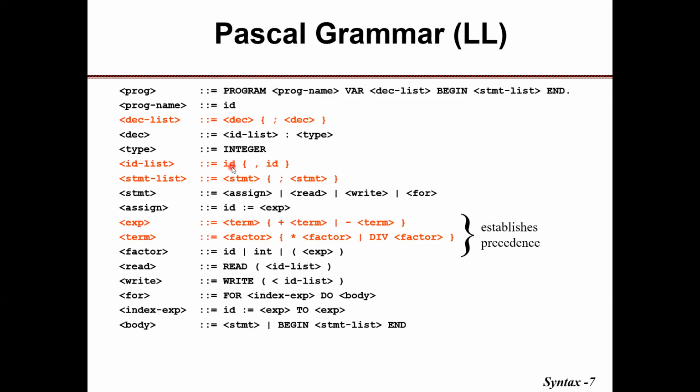And we can also have an ID list, but we already know we're not following that ID with a comma, so we're going to be looking for another rule that'll accept an assignment. And then we can have an ID by itself, which would be a prog name. But we already know we have an assignment operator, so we really have only 2 rules here that we're going to have to worry about.